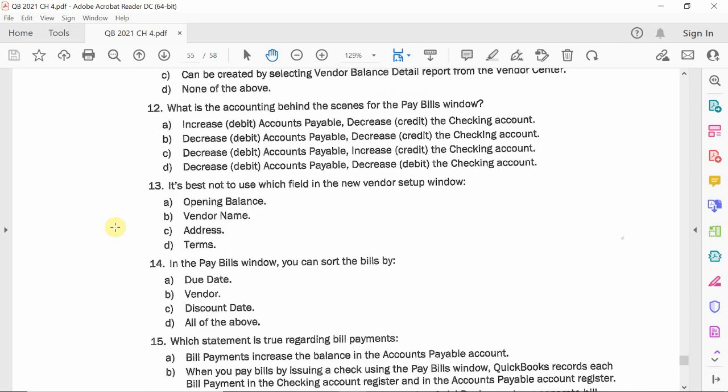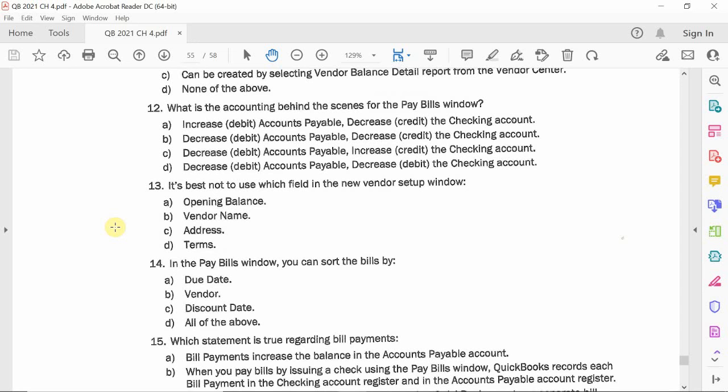Number 13: It's best not to use which field in the new vendor setup window? A, the opening balance. Correct. Like I mentioned before, never ever use the opening balance for any account. You only do that by putting it in using a general journal.